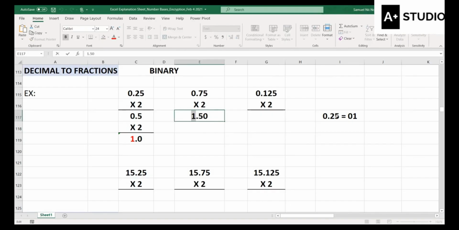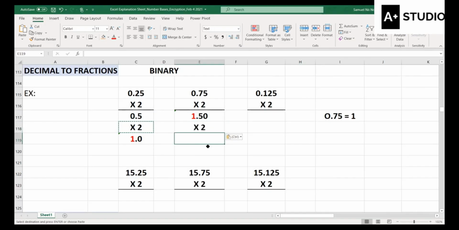I'm doing the same thing here. So we are saying that 0.75, the first remainder we got was 1. I'm saying we're picking this one. The number that comes before the decimal point is what we pick. That's our remainder. Then we multiply the fractional part, the 0.50, by 2. Multiply 0.5 by 2, we are going to get 1.0.